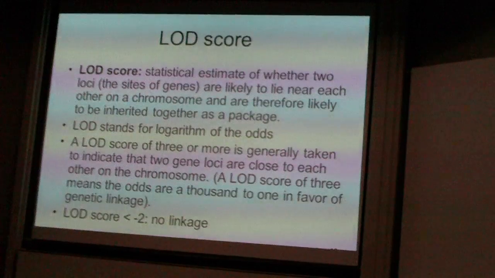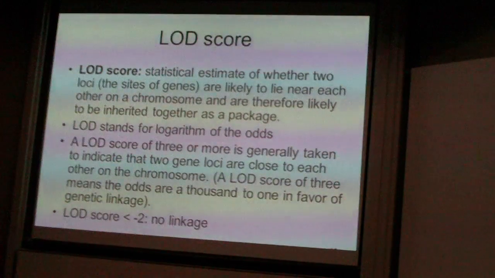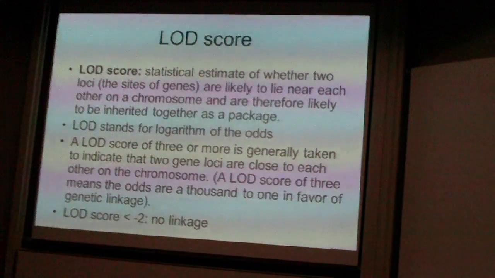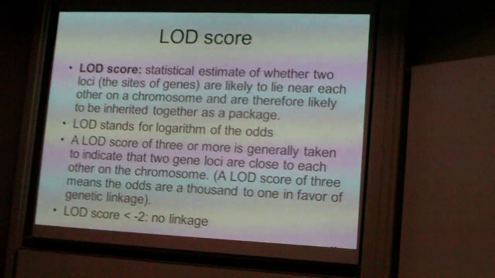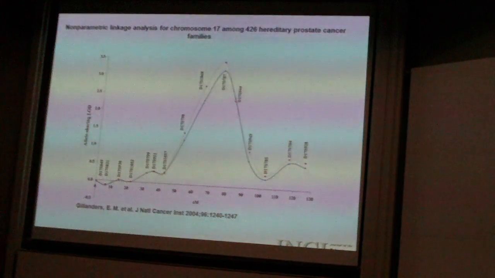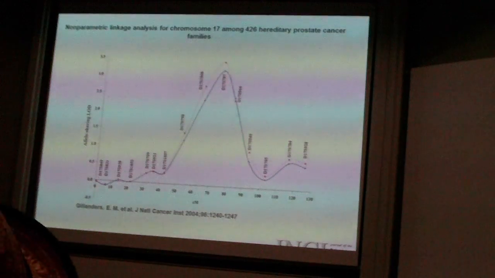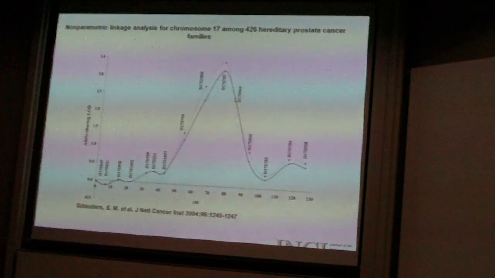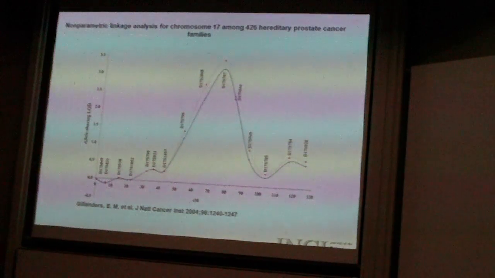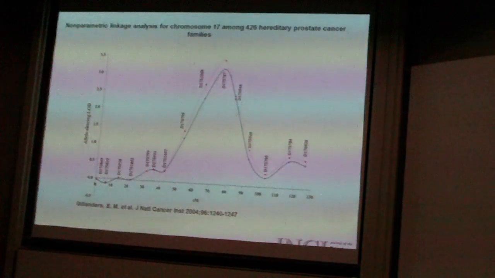I think on the next slide you will see the definition of LOD scores. It's a logarithmic score which gives you the probability that there is linkage versus no linkage. And what you should know is that once you have a LOD score higher than 3, which means you have a 1,000 times higher chance of linkage than no linkage, then this is considered good evidence that there is linkage in this area.